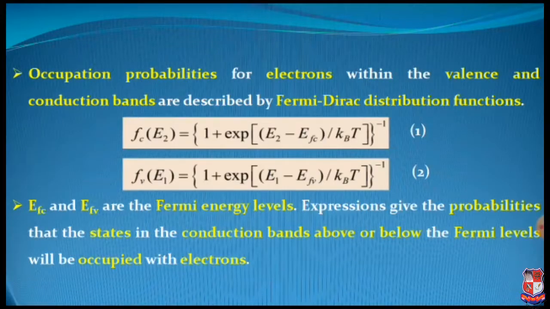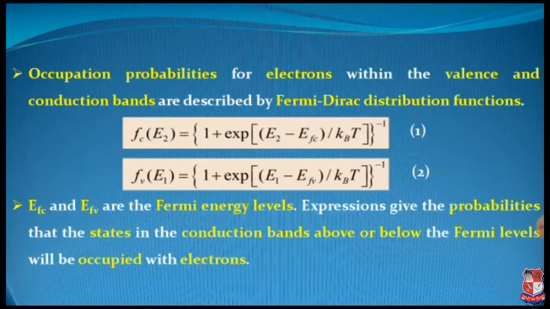And hence the occupation probabilities for electrons, which were earlier in the valence band and which further travel to the conduction band, are described by the very well known Fermi-Dirac distribution function. So the occupation probability for the higher energy level is given by equation number 1, FC(E2).